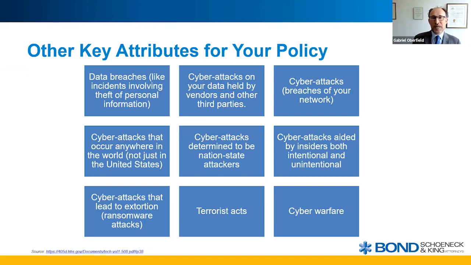You also want to, again, think about the interrelatedness with your vendors, and what happens if data that are yours are mismanaged by vendors, and how is that mitigated for or otherwise contemplated within your policy? Think about, again, your network and what you can control and how breaches of your network are protected and otherwise insured for.